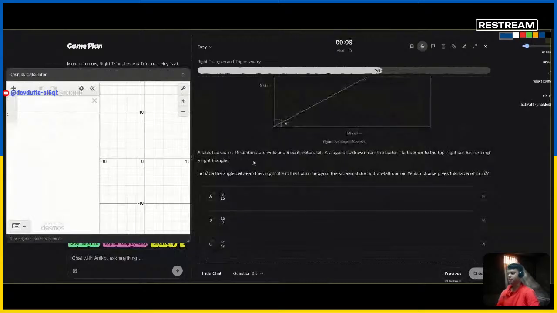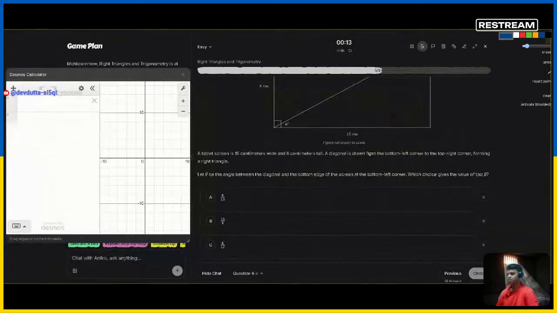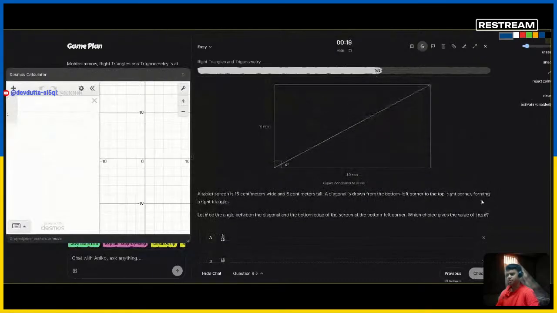A tablet screen is 15 centimeters wide and 8 centimeters tall. A diagonal from the bottom forms a right triangle. Let theta be the angle between the diagonal and the bottom edge, which just gives the value of tan theta. Okay, so we're doing tan, and tan is TOA: opposite over adjacent.